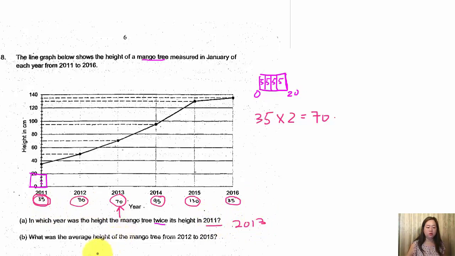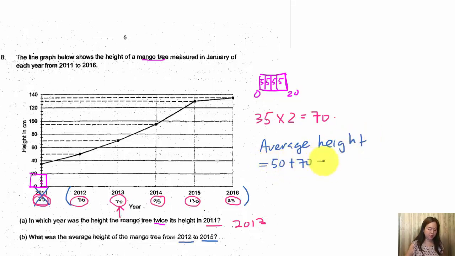Next question. What was the average height of the mango tree from 2012 to 2015, which is from here to here? So please do not add this into the calculation. So to find average height, we have to use 50 plus 70 plus 95 plus 130 plus 135, and we divide it by the number of years.